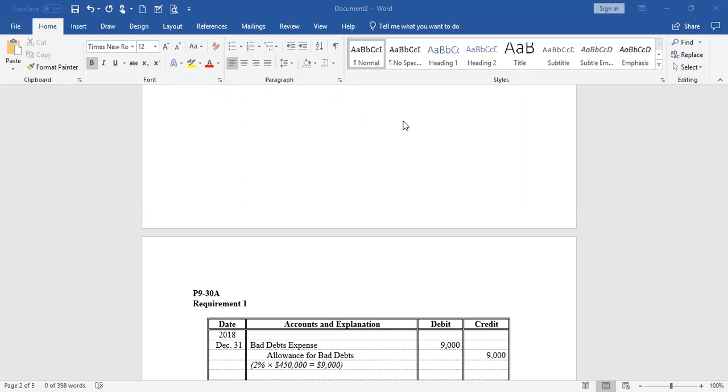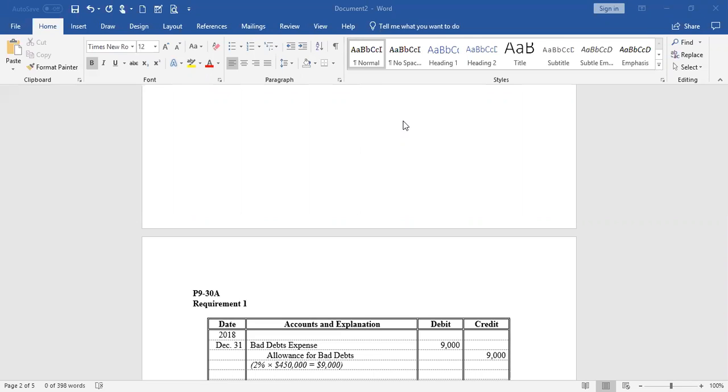Now, if you're sitting there saying, hey, we're estimating stuff. Yeah, we're estimating an expense. So this expense will decrease our net income. And that's why we do it, because if we just ignored that there could be a future bad debt related to this year's sales, we would report a little too much in sales from this year.